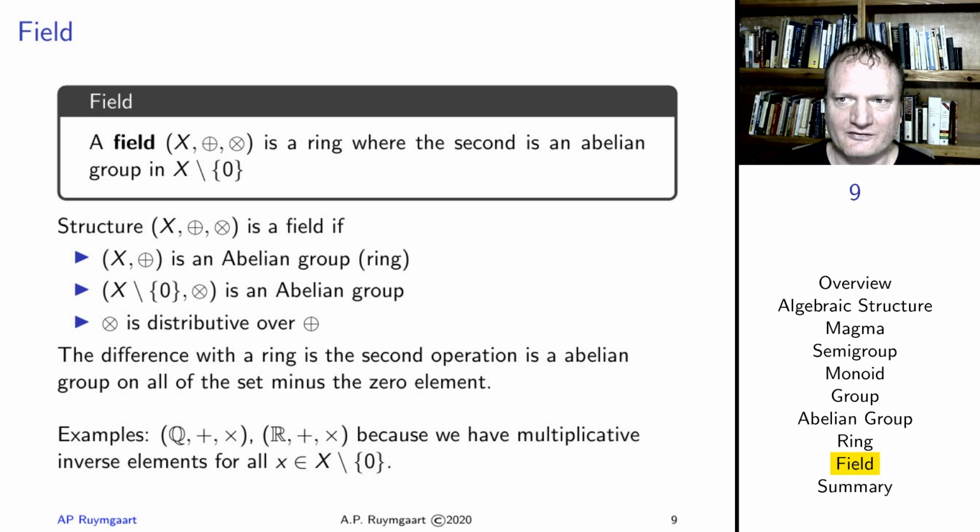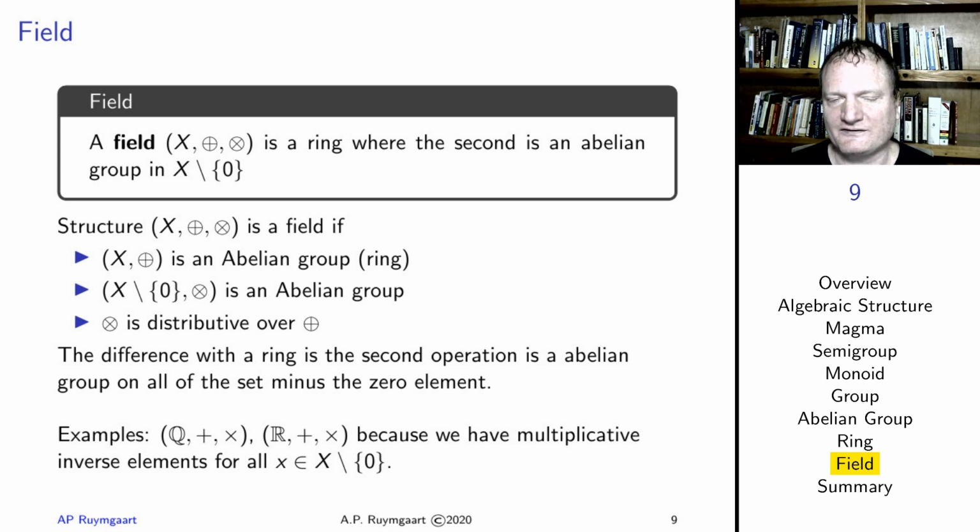Now, the last structure that we'll discuss in this session is called a field. A field is a ring where the second operation is an abelian group on the set X if we exclude the zero element.